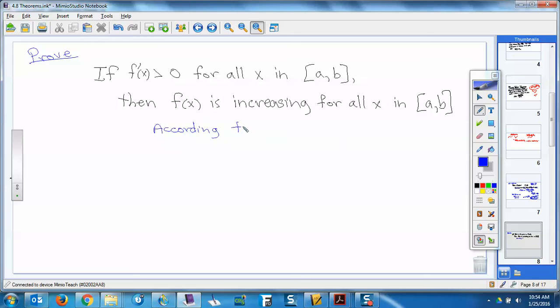We'd say, according to the MVT, f prime of C, where C is in that open interval A B, is equal to f of B minus f of A over B minus A. According to the mean value theorem, we know this to be a true statement. Okay? So now, let's multiply both sides by B minus A.